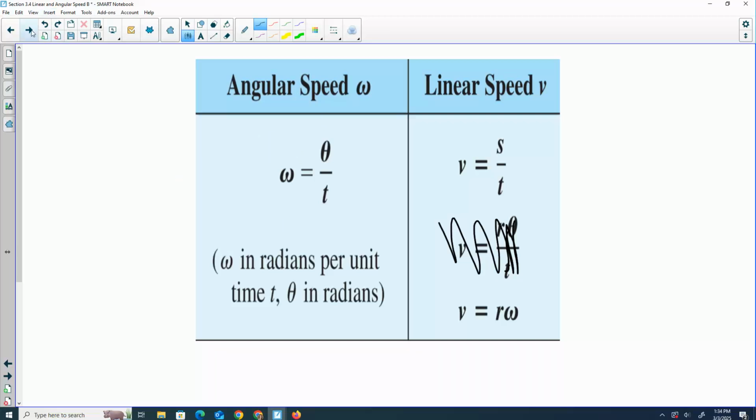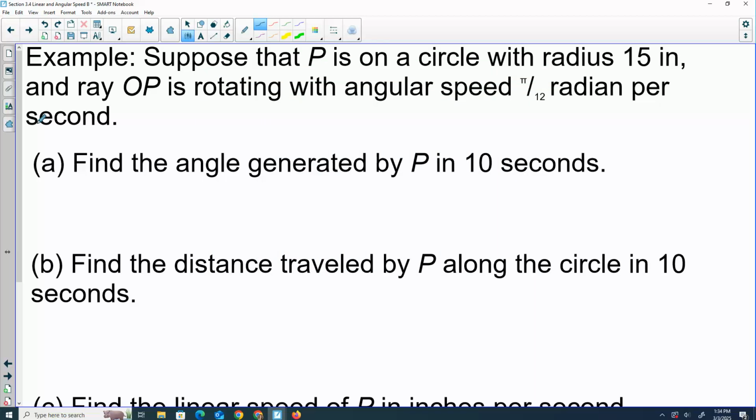All right, so now let's just try some problems. If we have a point on a circle with a radius of 15, what variable do we use for radius? It was 15 inches.